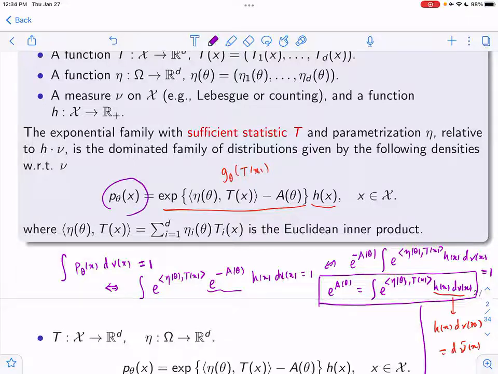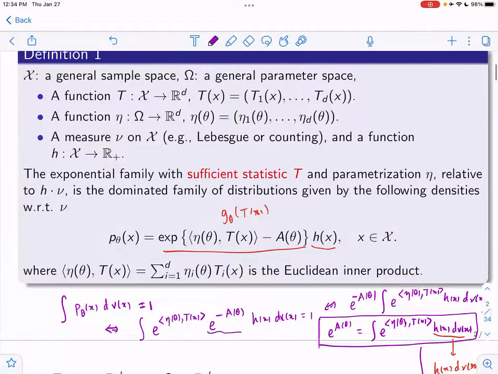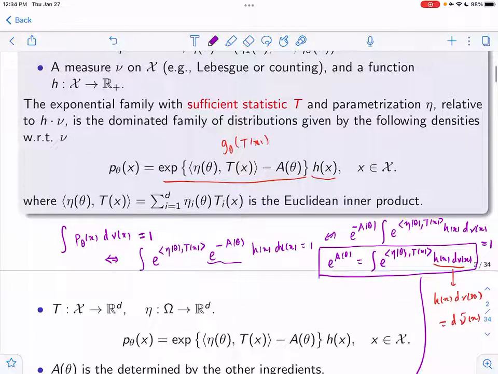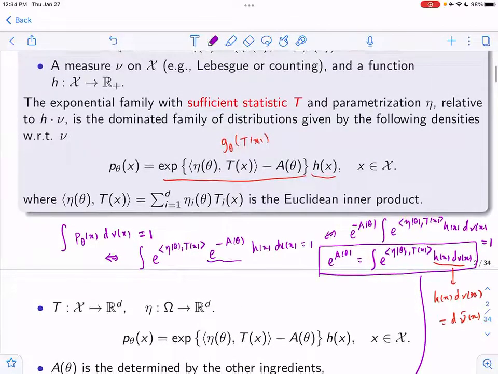So each probability distribution here has a density, and that density has this exponential form. And the form that the density is written in immediately gives you that this T of X is sufficient.